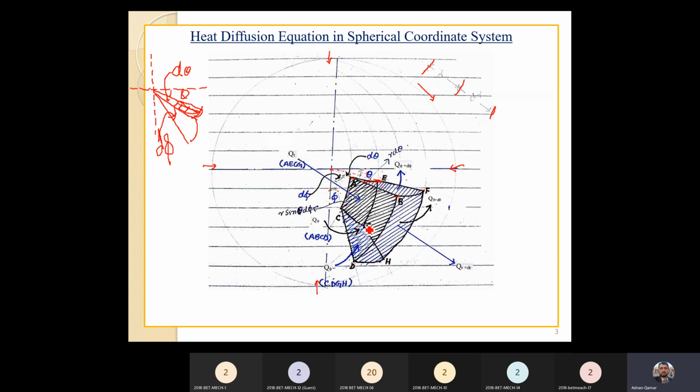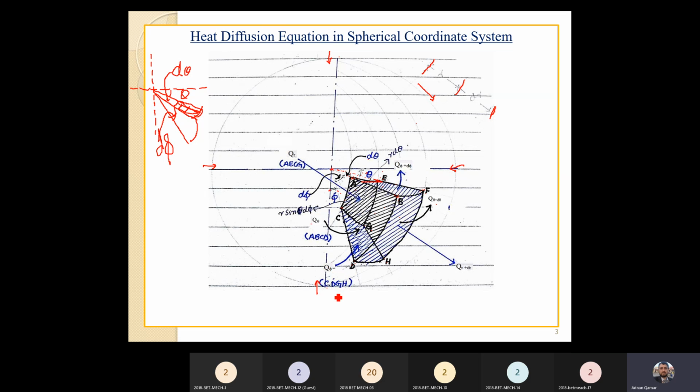And now this is the thickness d phi. This is the thickness d phi. So considering the heat in this direction, this is the bottom side, Q phi.